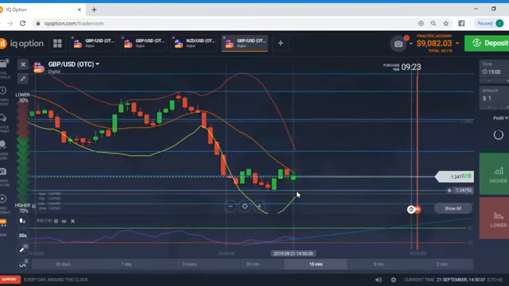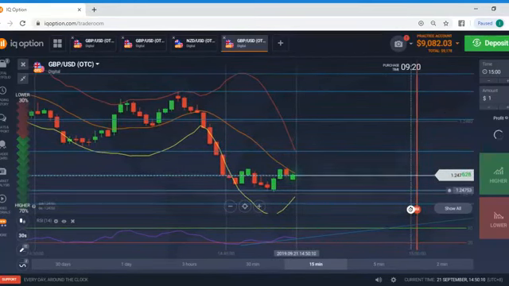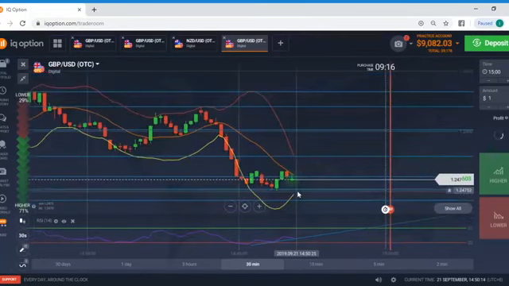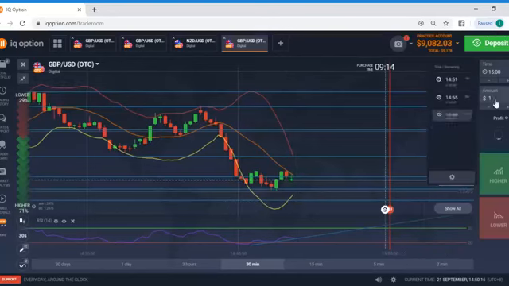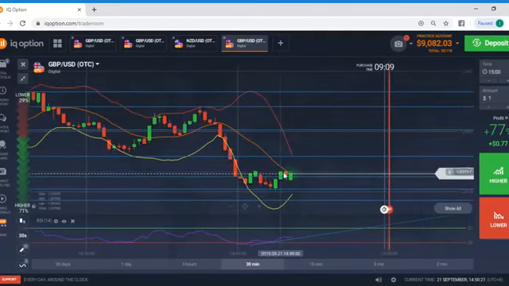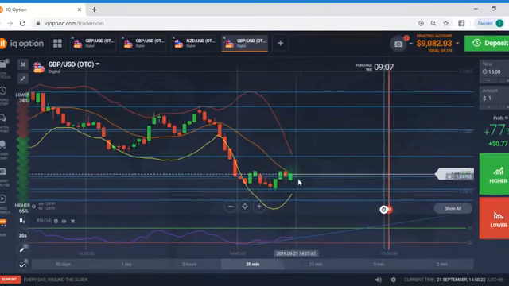I'm thinking it might go back to this line that we created earlier. Okay, so it's triggering this resistance.